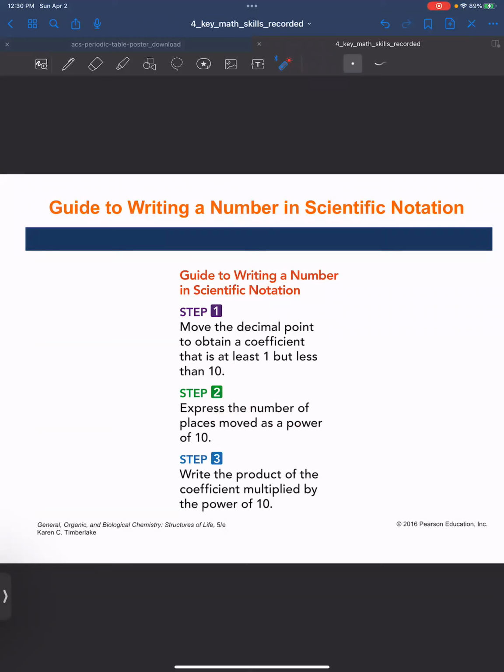Remember, if it's a large number, the exponent will be positive. If it's a small number, the exponent will be negative. Step 3, write the product of the coefficient multiplied by the power of 10 in the end. So for example, 2.5 times 10 to the -4th would be how you represent scientific notation.